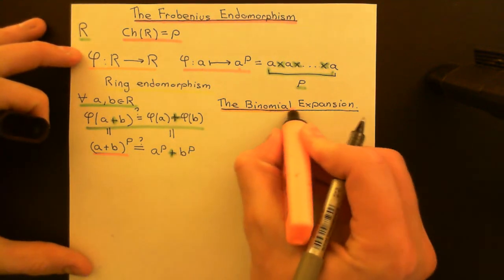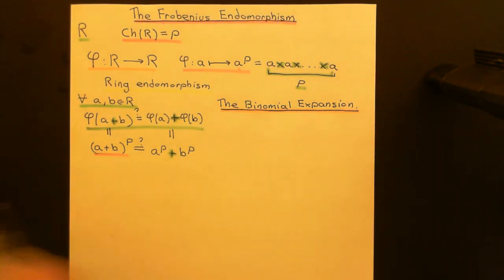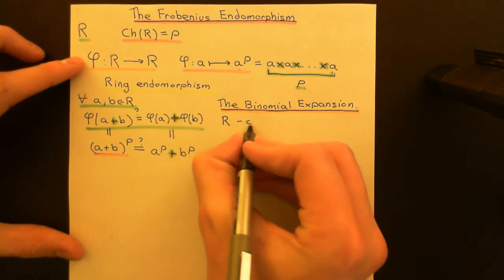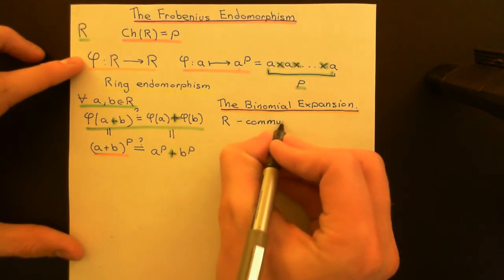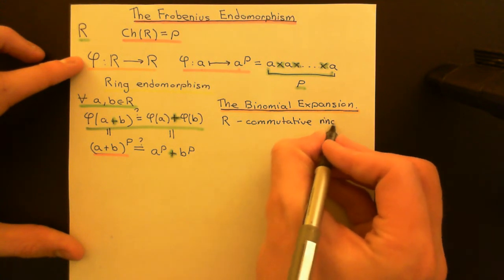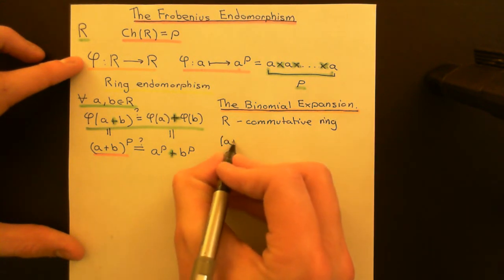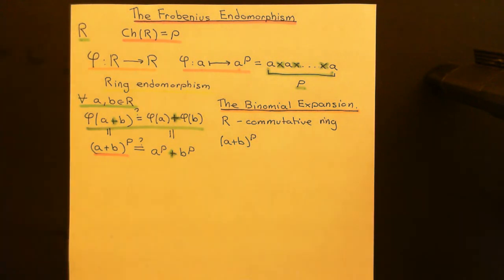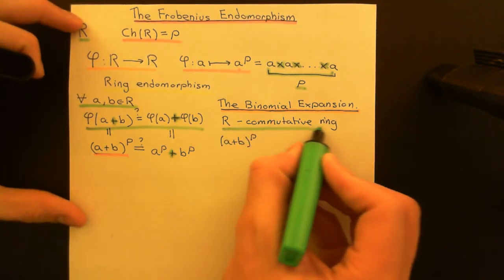Okay, so all we need is our arbitrary commutative ring, so I'll just put that here. So we are assuming that it's a commutative ring, and we're now trying to expand this a plus b, where they're added together in the ring, and now to the power of something, and we might as well just leave that as to the power of p, keep it in its most immediate form.